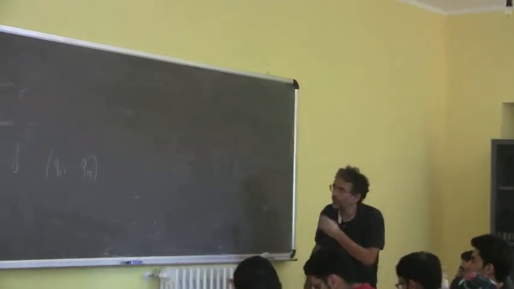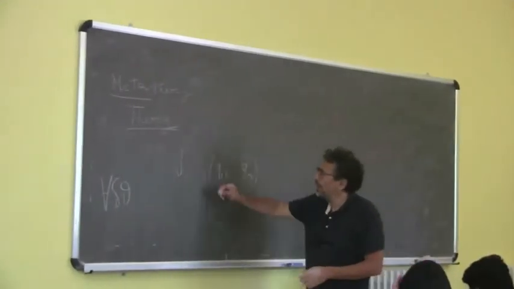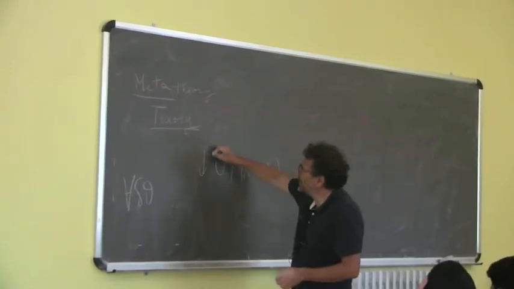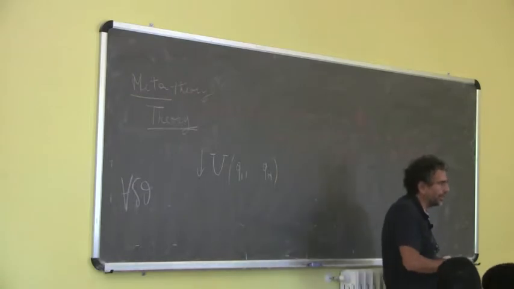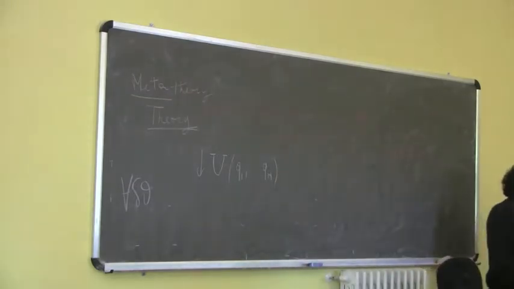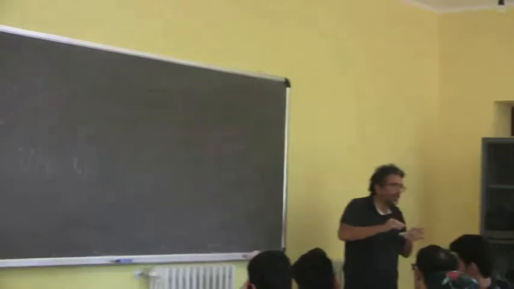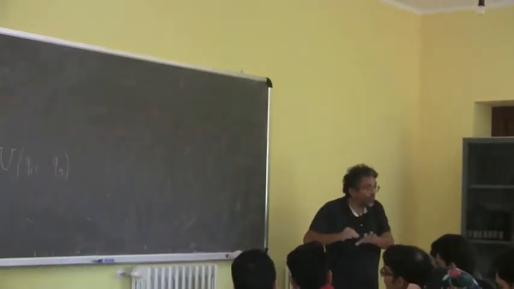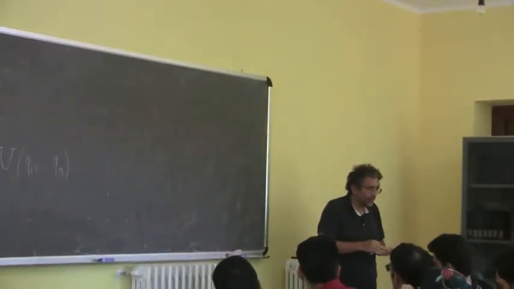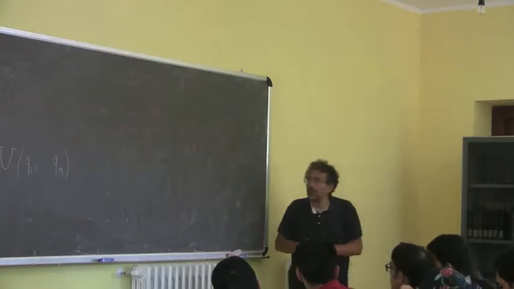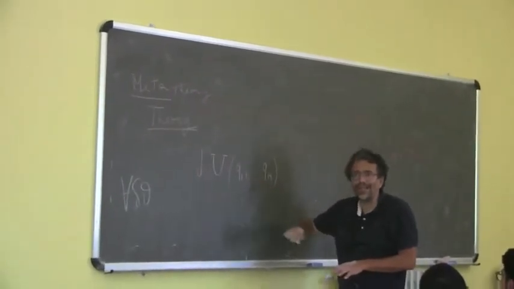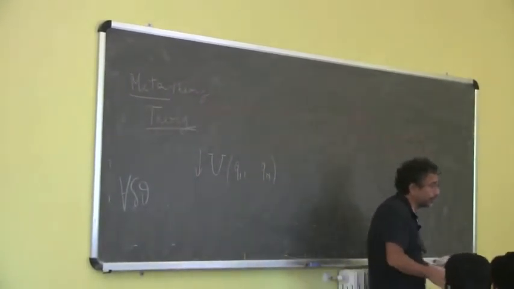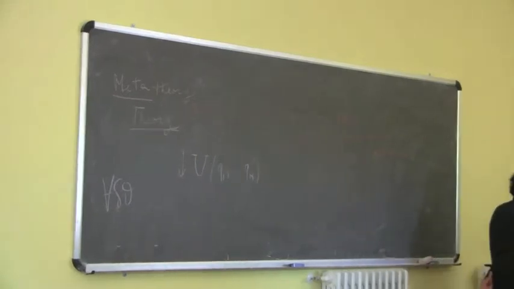Okay? The total energy of the system, U, is a function of q1, q2, qn. Which is the equilibrium, the stable equilibrium configuration? The stable equilibrium configuration is where this U has a minimum. The unstable is when this system has a maximum.